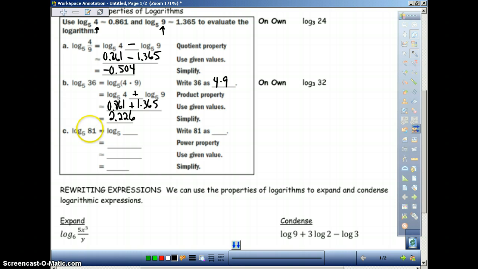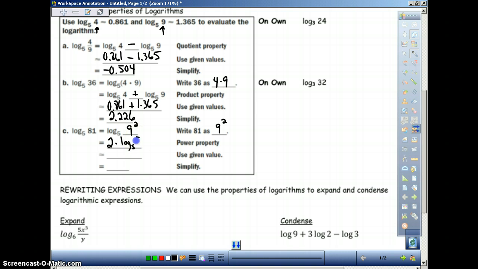Okay? And then this last one, we have 81. Well, again, think about 4 or think about 9, and think about how we can get to 81 with either of those. You could say 9 times 9 maybe. Or you could even say 9 squared. I'm going to do 9 squared in this case so you can see a different example. So 81 is the same as 9 squared. That's how we will write this. But now we're going to use our properties. So this will be 2 times log base 5 of 9.